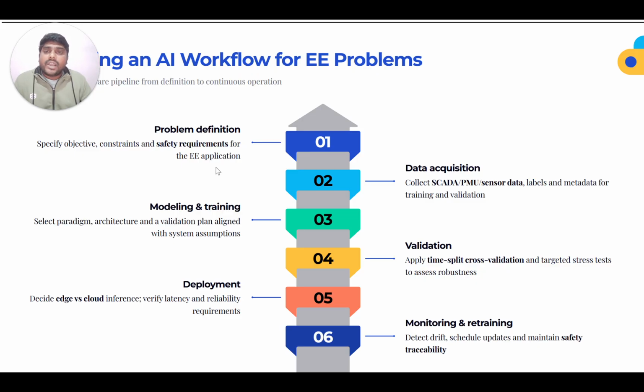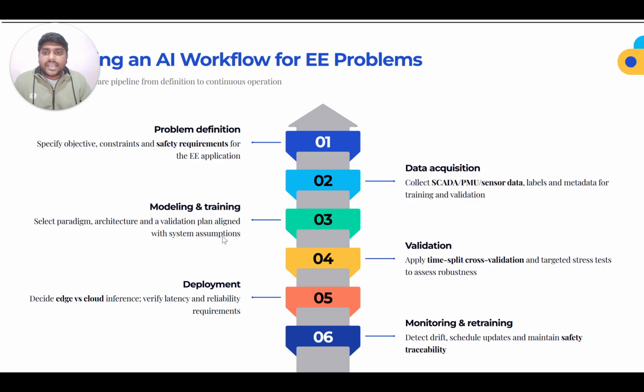In stage 3, modeling and training. Here we select the AI paradigm, architecture, and validation plan that aligns with our system assumptions. In stage 4, validation. This is where we ensure robustness. We apply techniques like time split cross validation and targeted stress tests. In stage 5, deployment.